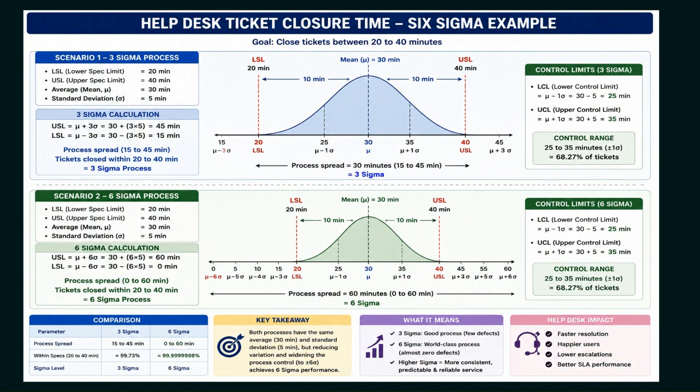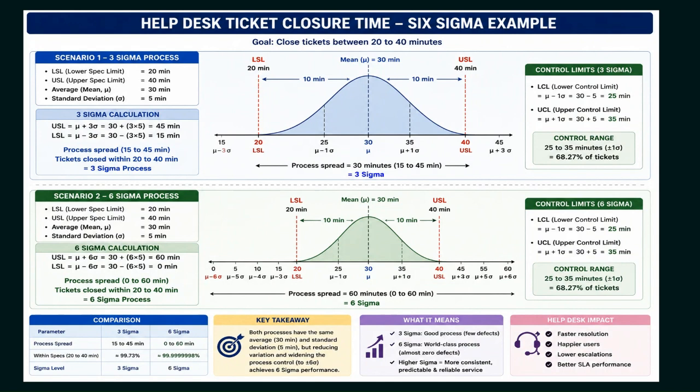Let's take, for example, a help desk ticket. For closing a help desk ticket, the lower specification limit is 20 minutes and the upper specification limit is 45 minutes. When you commit the KPI to your client, the client says that every ticket I want closed between 20 and 40 minutes.